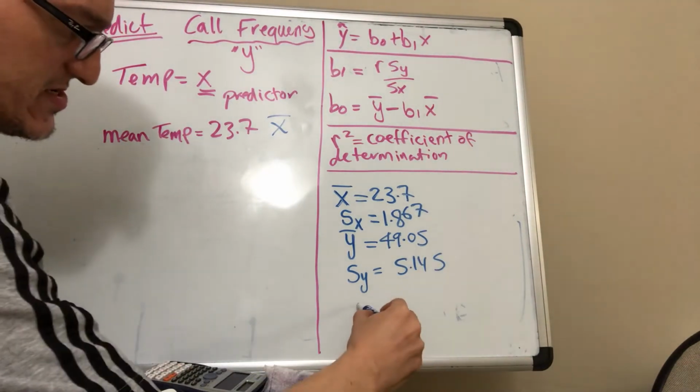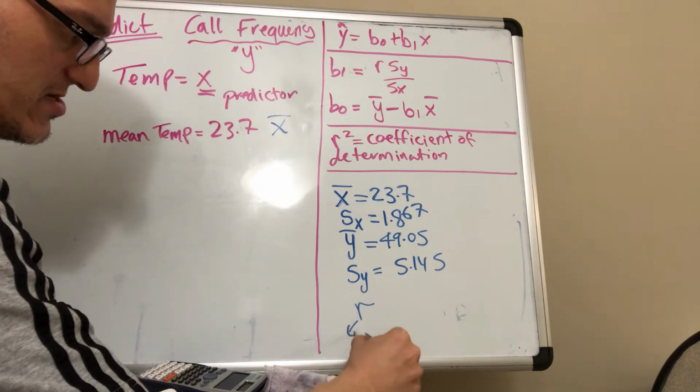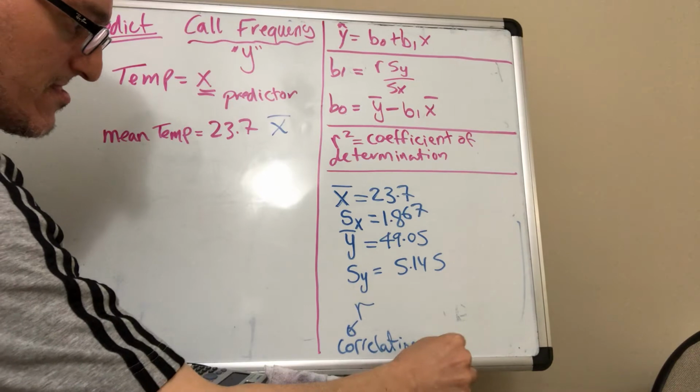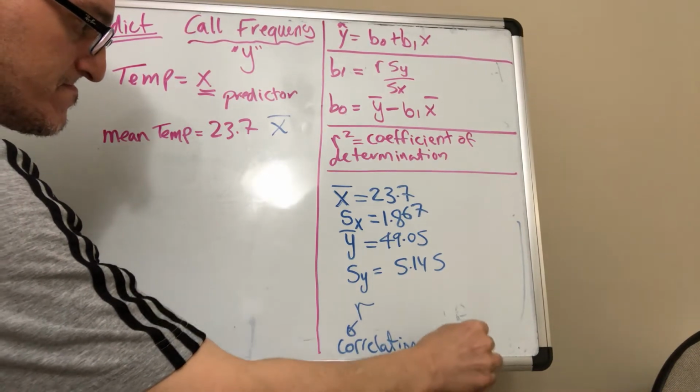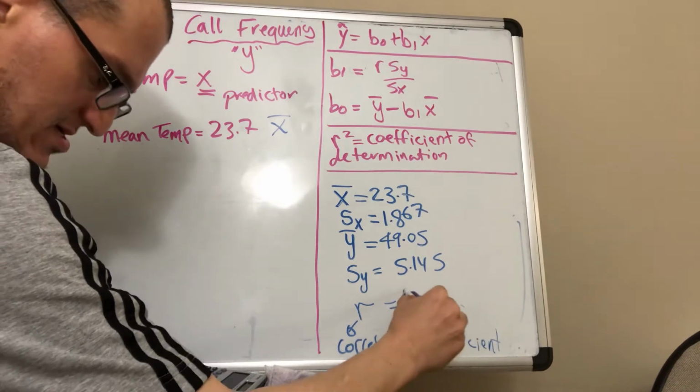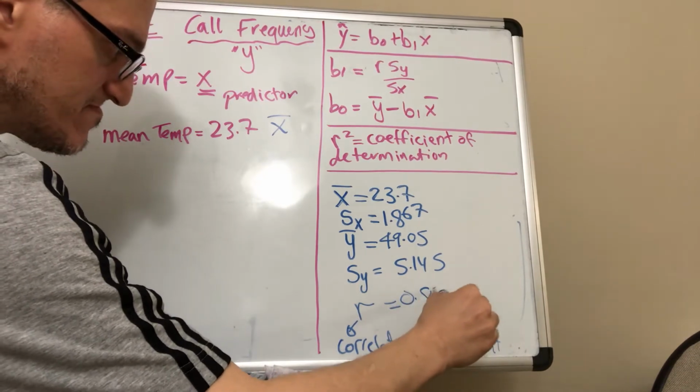And the correlation, that's your R. R is always your correlation coefficient. And in this case, it's .846.